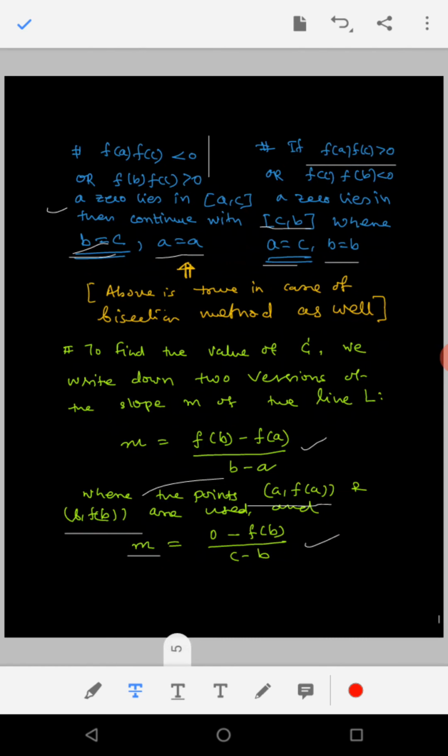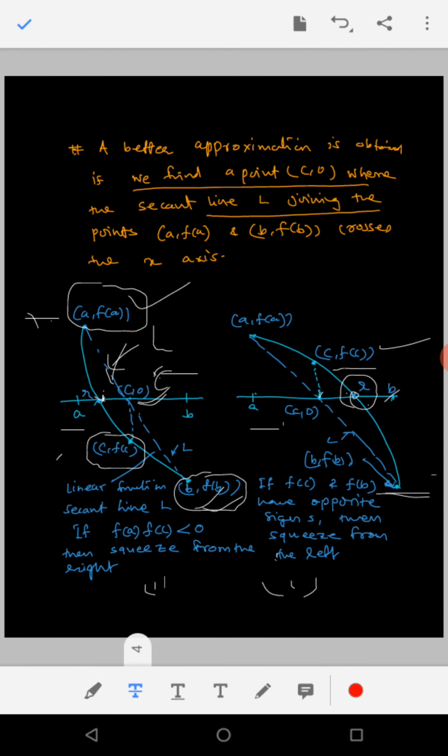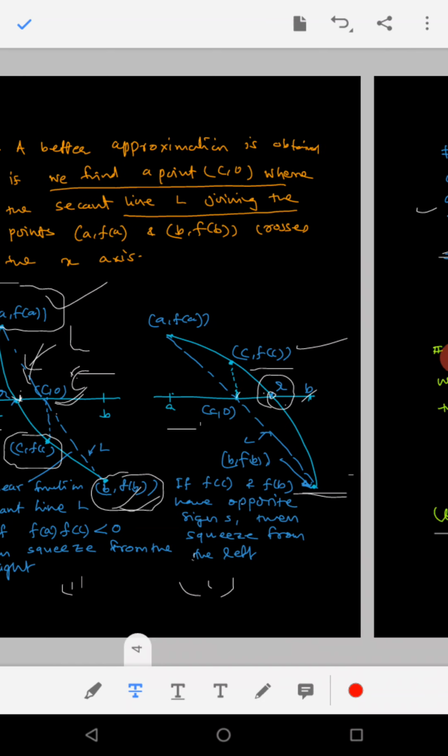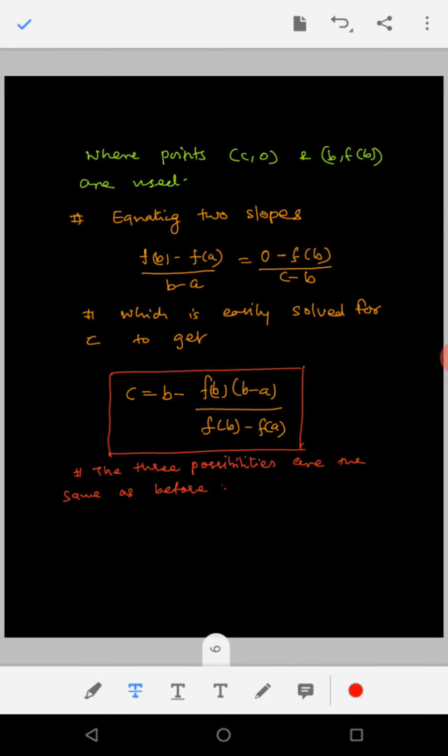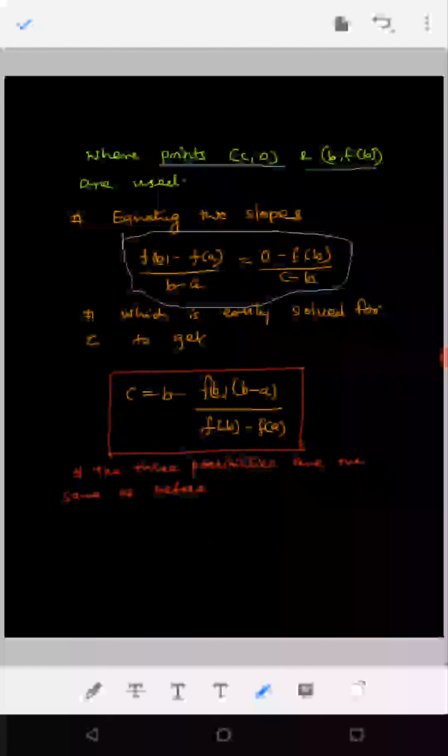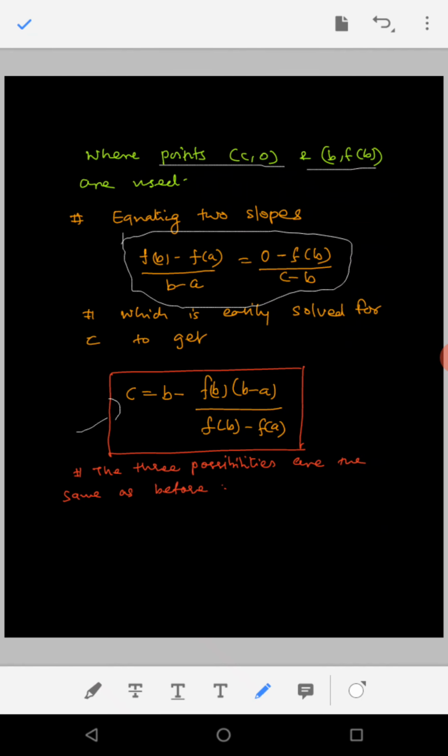Now the slope for both equations is the same, so we have to equate that slope. Let us equate the slope, and we are getting fb minus fa. As I told you, here the point c, 0 and b, fb is used in the second equation. Now equating this slope, we get this equation, and from this our objective was to find the value of c.